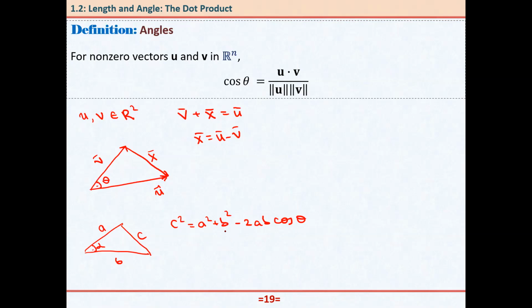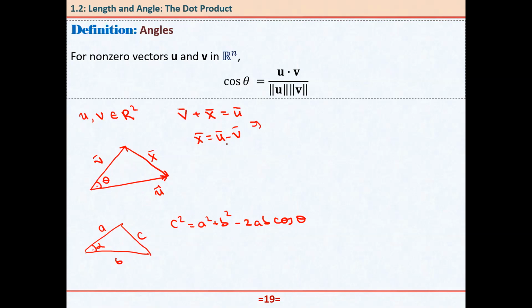Here C is our vector x, A is the length of vector v, and B is the length of u.